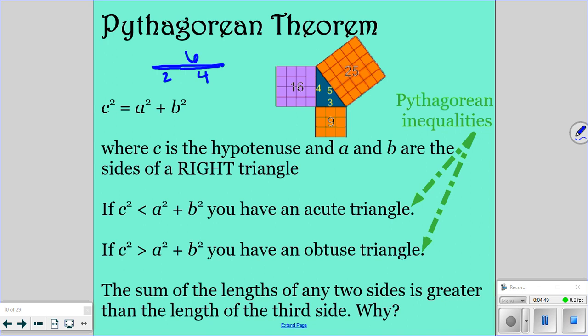And so these two are going to have to be bigger than 6 to actually pop out to make the triangle. If they equal 6, then it's just going to be a straight line right on top of each other, which doesn't make a triangle. So any two sides is always going to be greater than the length of the third side. Always.